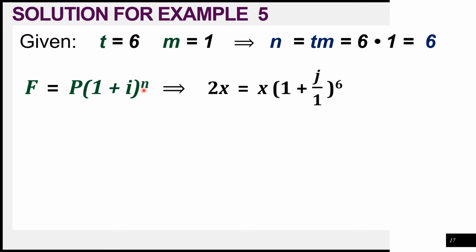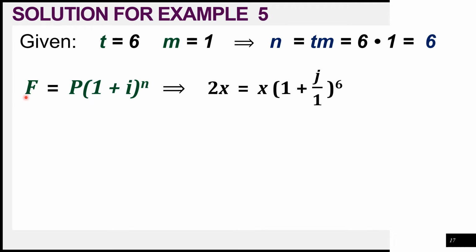Now, what would be the value of our F? We know already that our initial amount to be invested is set as the variable x. And after 6 years, this value will become doubled.